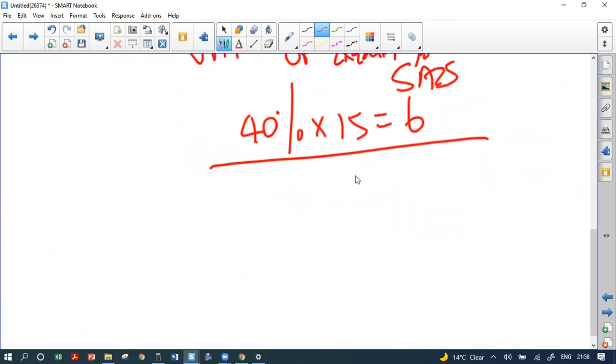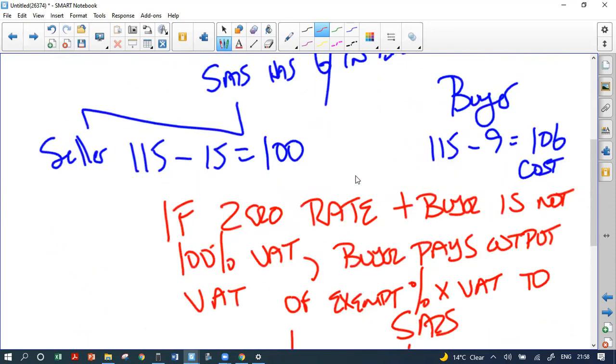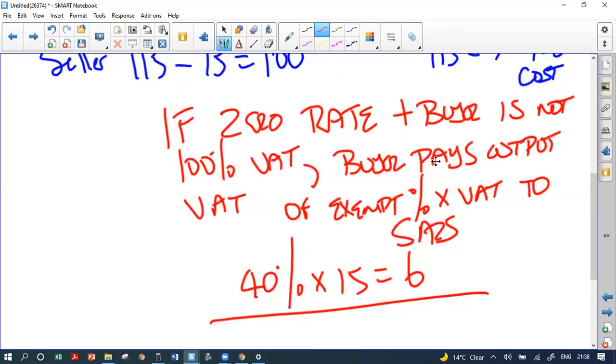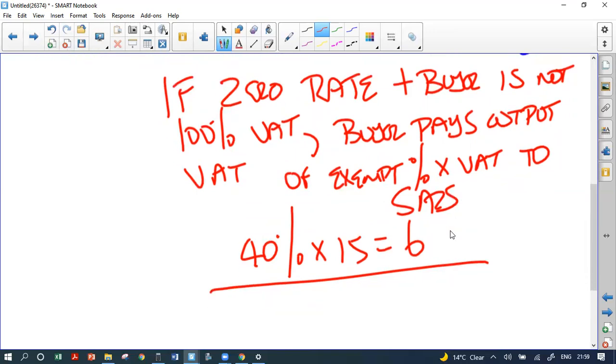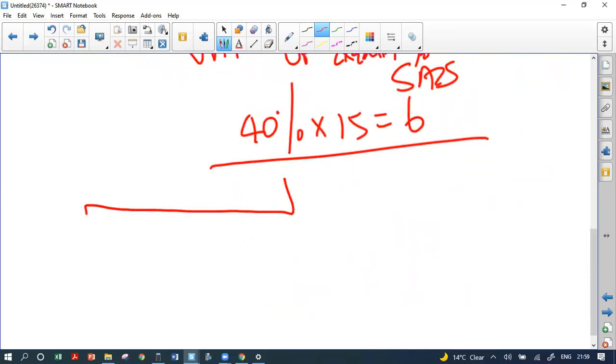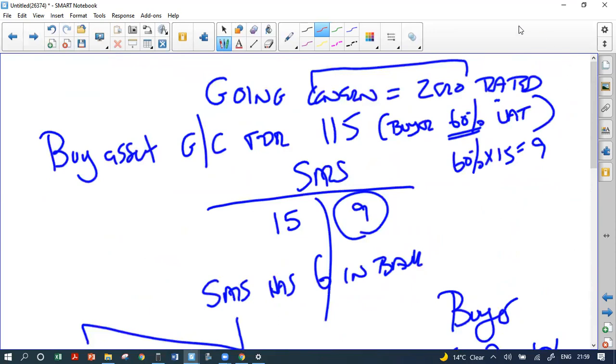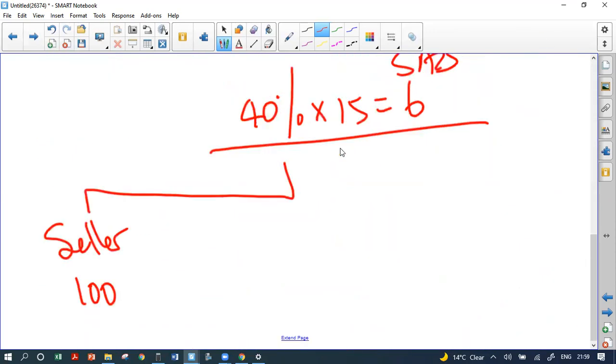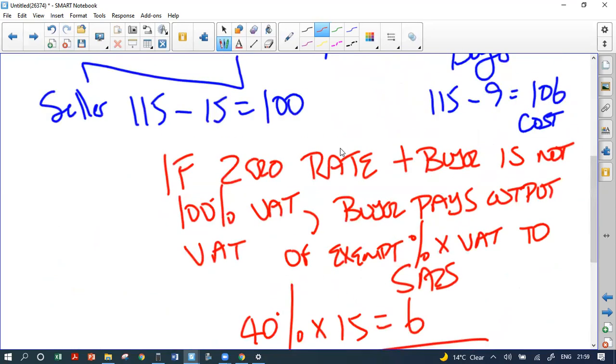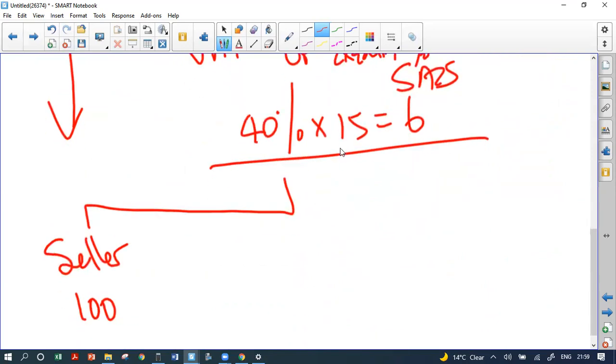So let me explain what's going to happen if it is zero rated, guys. Because the buyer has to pay VAT of the exempt percentage times VAT across to SARS, if you zero rate the transaction, the seller will sell for 100. There's not going to be any VAT on it because we take the 15 Rand VAT off. And how much is the seller going to be on? 100. Have a look here. 100, 100. What's going to happen from a buyer's perspective?